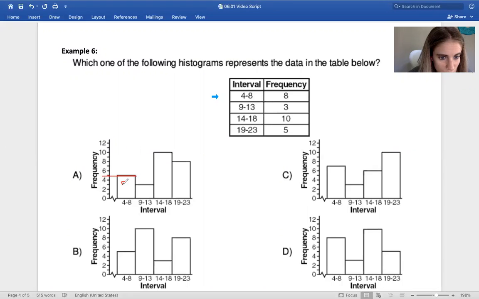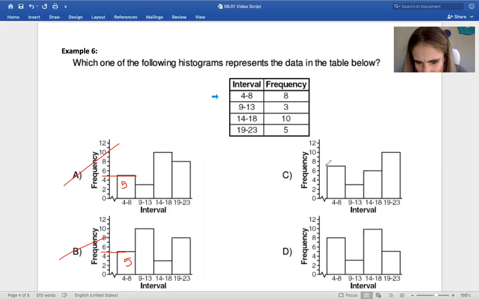Nope, looks like there's only 5 people. So can A be the correct answer? Yeah, no, that does not match. All right, let's check out B. So 4 to 8, still again, only 5 people. So nope. All right, C.